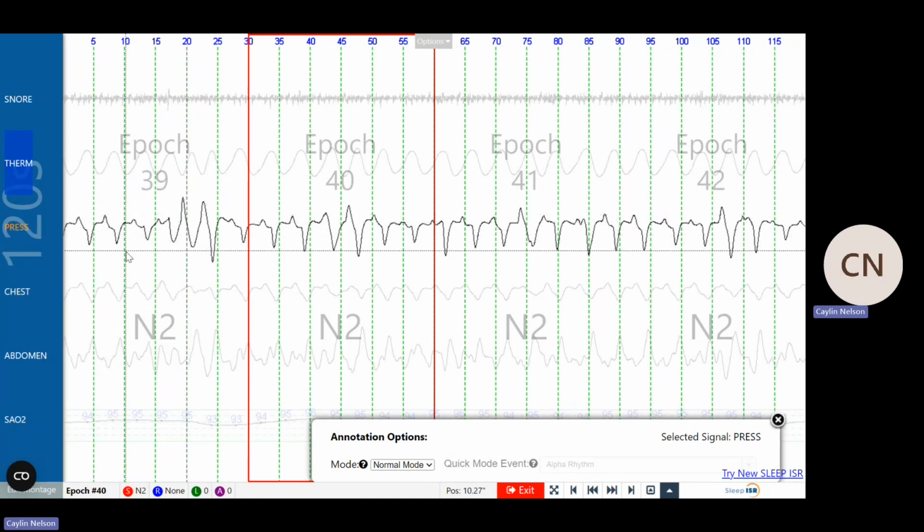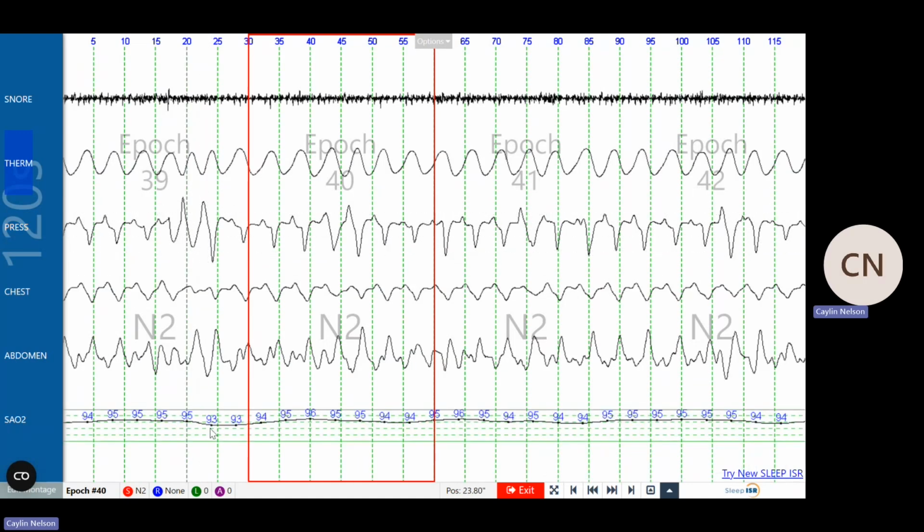But thanks to those breaths that happen after it, that oxygen level only dropped between 95 to 93. So that 2% desaturation, those strong breaths bring it back up to about 94, 95, and even gets up to 96 around the 40-second mark.